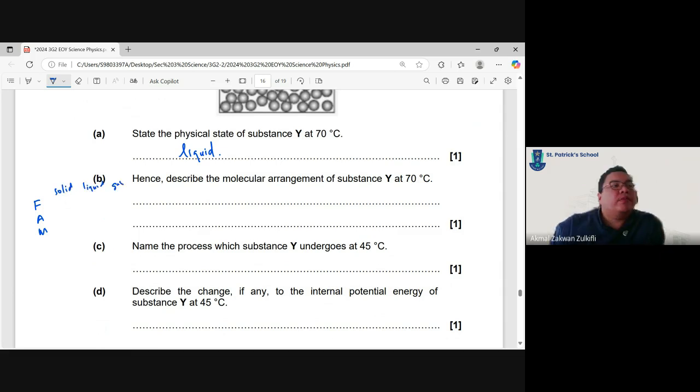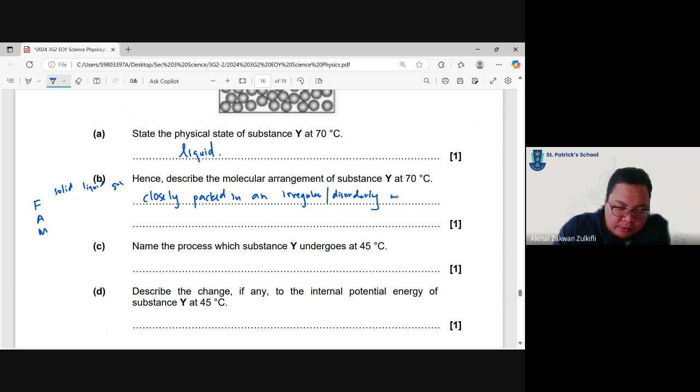Force is the force of attraction, A is your arrangement, and M is the movement. So it is closely packed in an irregular, or disorderly, arrangement.